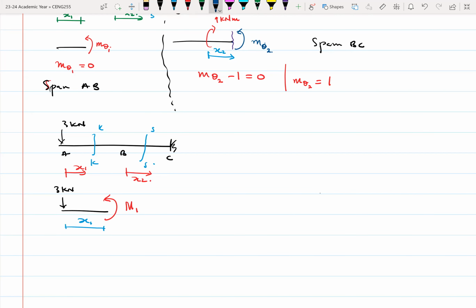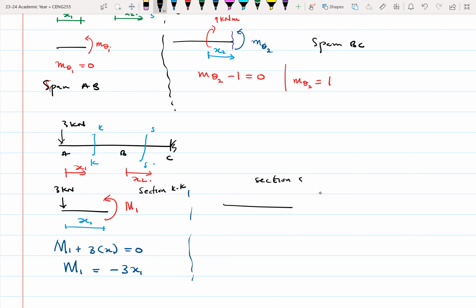So this will give us M1 plus 3 times X equals 0, which means that our M1 here is equal to minus 3X1. Now, if you look at the second part, which is cutting a section at SS, this one is section KK and this is section SS. Again, we want to find big M2.